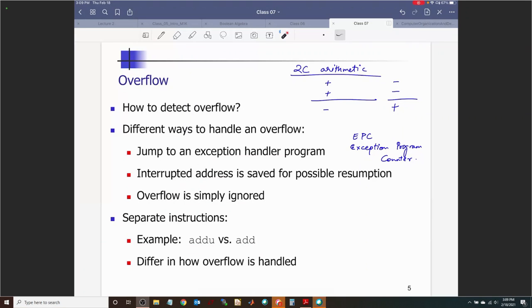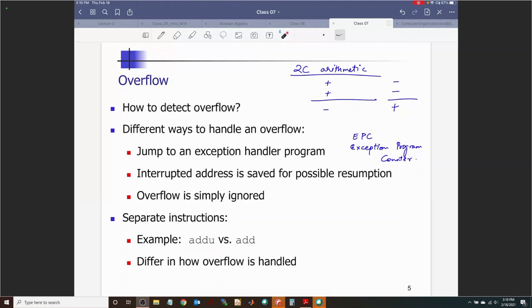When it is unsigned, then there's no particular restriction on the number of bits, right? The number of bits conversation starts making a lot more sense, and it actually holds value when you're looking at signed instructions, add, right? So in one case, the overflow is not really monitored, and in the other case, it is monitored, right? So it differs how overflow is handled based on the instruction itself.